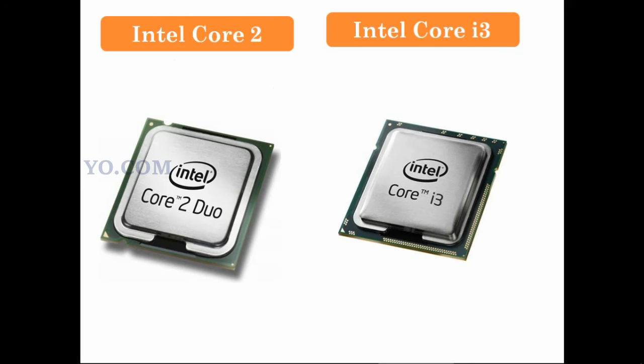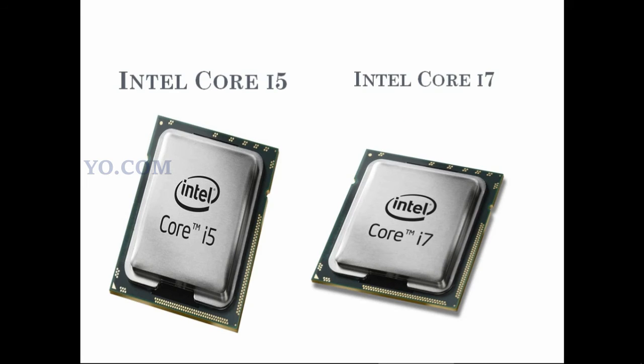Next we are going to see the 64-bit microprocessors. The 64-bit microprocessors are Core 2 Duo and i3, i5 and i7. These microprocessors have a 64-bit data bus, and they can execute at several gigahertz. The speed of operation is several gigahertz.